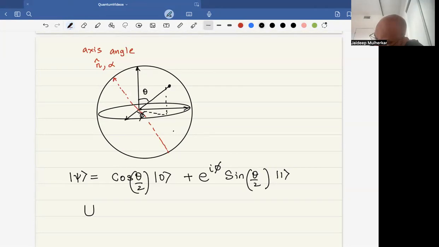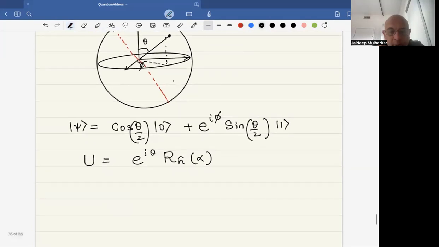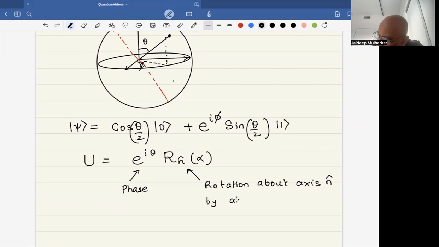So any quantum gate is e to the i theta, some phase, multiplied by a rotation about an axis given by the unit vector n by angle alpha. Now, what is Rn alpha?